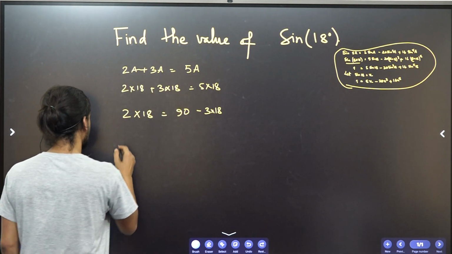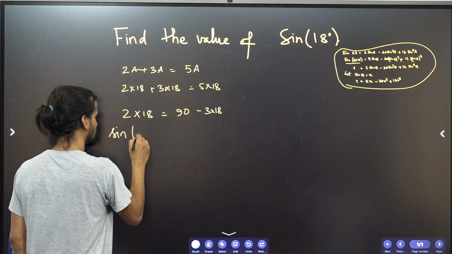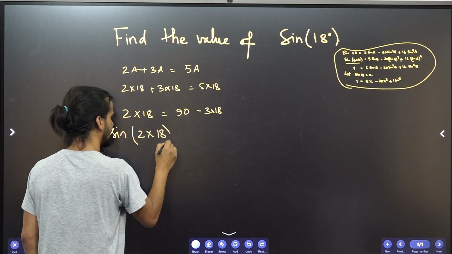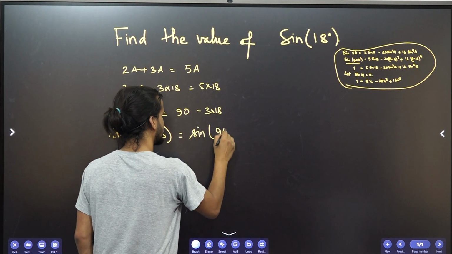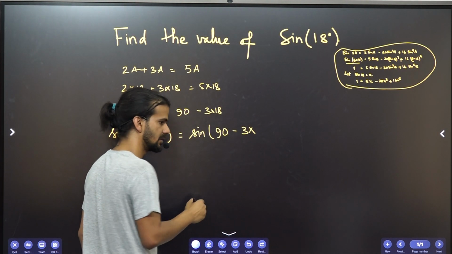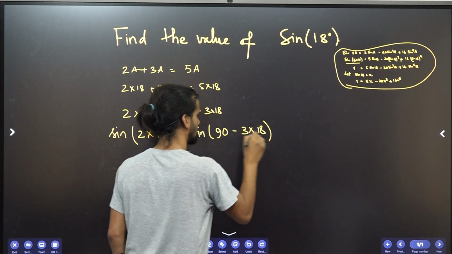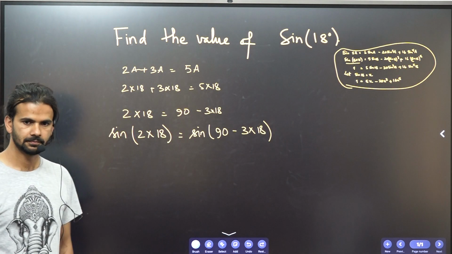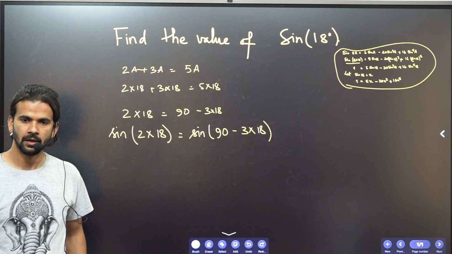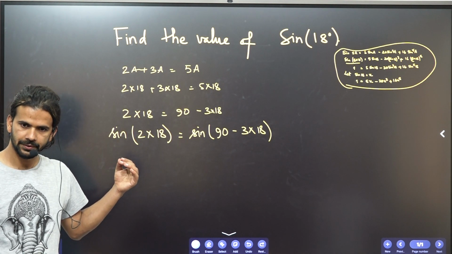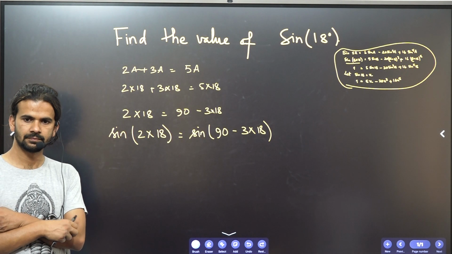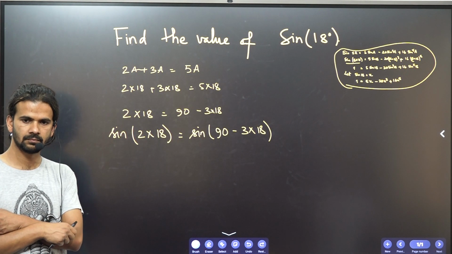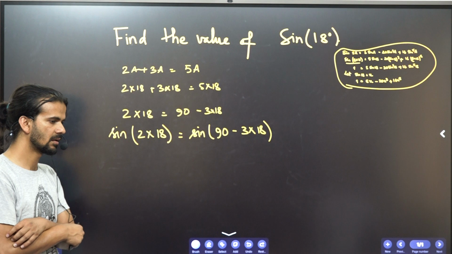So that means sine 2 times 18 equals to sine of 90 minus 3 times 18. Is that understandable?